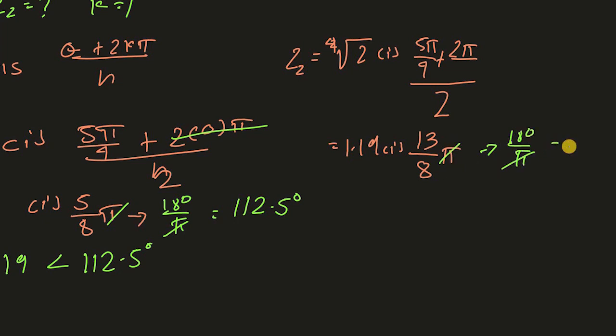Cancel pi, cancel pi. 180 divided by 8 times 13. So, ang answer dyan is 292.5. Okay. So, in polar form, ang answer niyan is 1.19 angle 292.5 degrees.